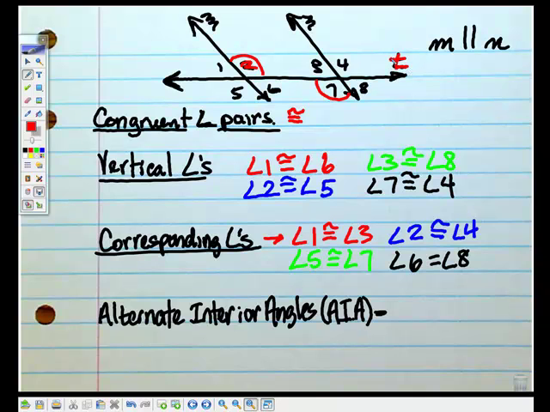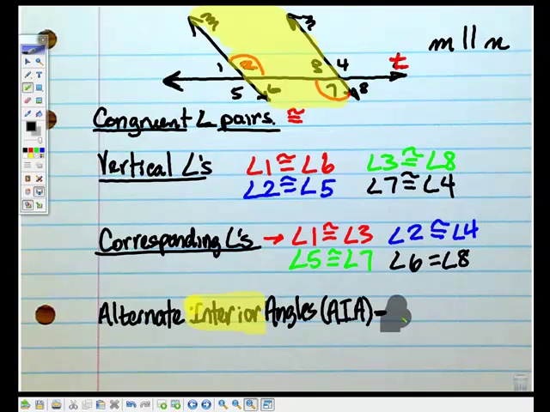But the key thing here is that the word interior is actually referring to being inside of the parallel lines. So 2 and 7 are congruent angles because they are what are called alternate interior angles.